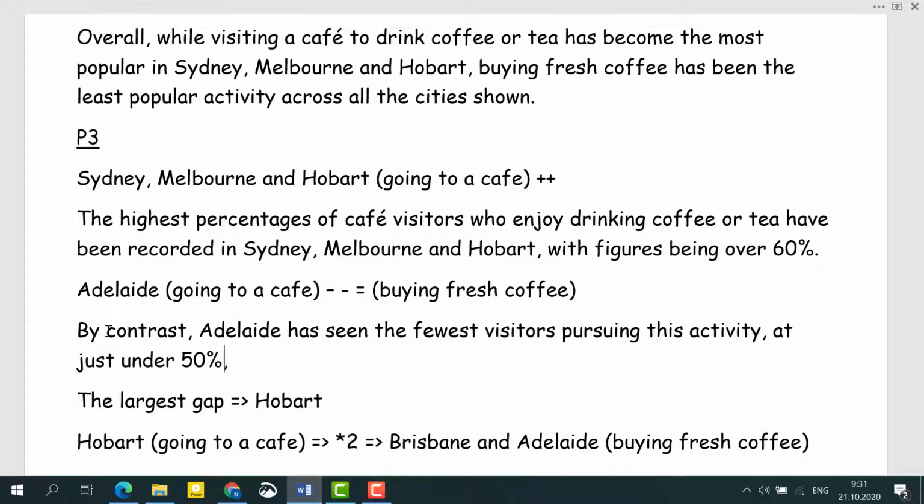Okay, and now I'm going to focus on this part, which is equal to the percentage of those buying fresh coffee. Now, how can I do that?